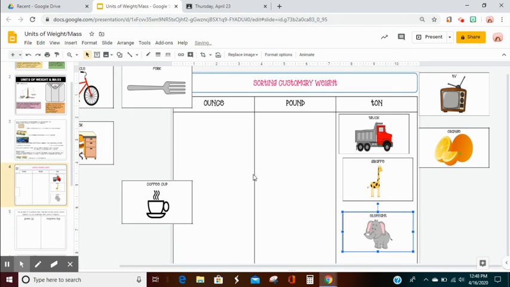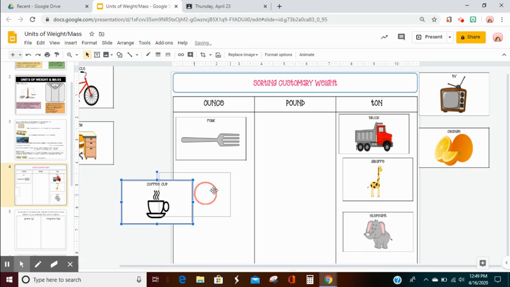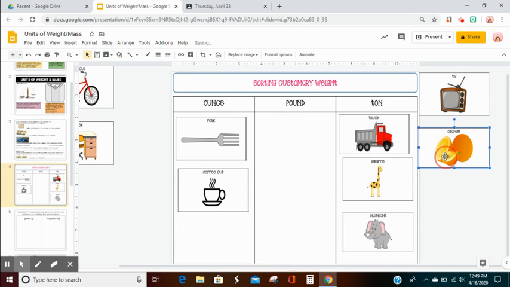All right, ounces are for lightweight. Remember, 1 ounce is like holding 1 slice of bread. So you want to use ounces for lightweight items, such as a fork, a coffee cup, and an orange.